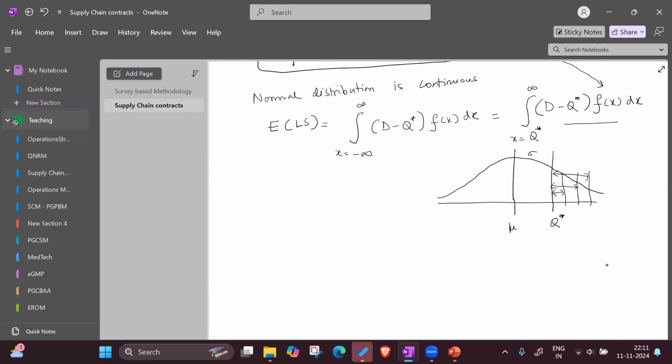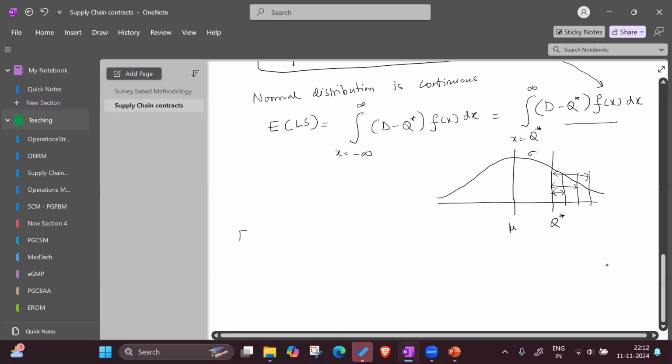All these values corresponding to the probabilities of these values is what the expected loss sales are going to be. Now, the good thing is, because this is a normal distribution, like we have done in continuous review, we are going to use a certain formula which we can find in Excel to get these values.